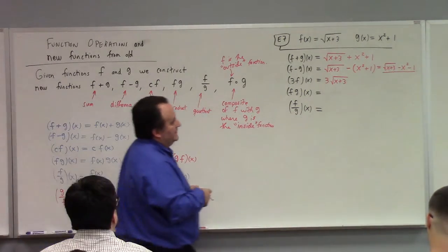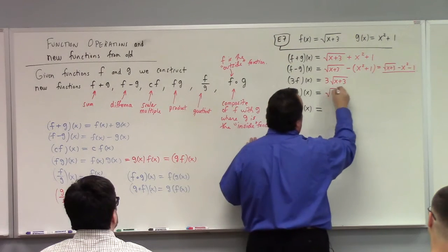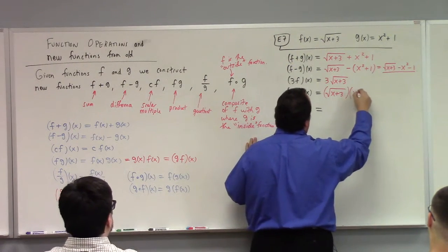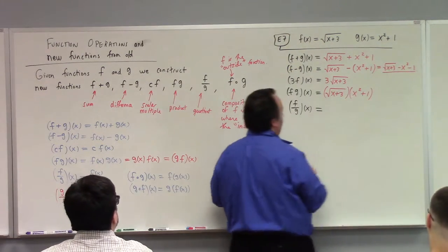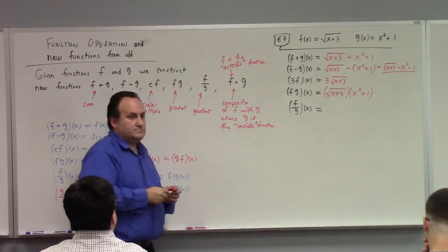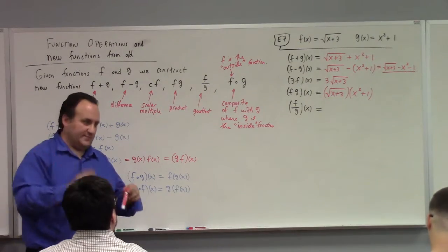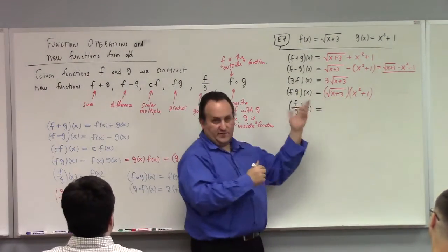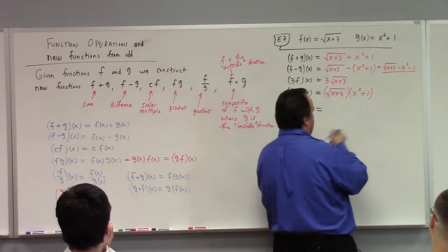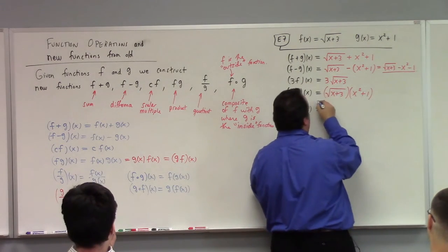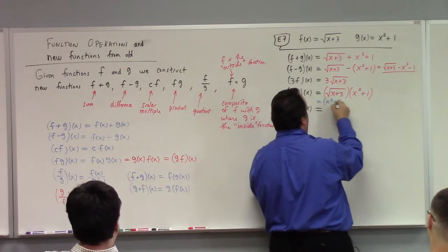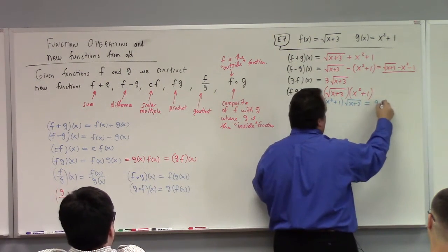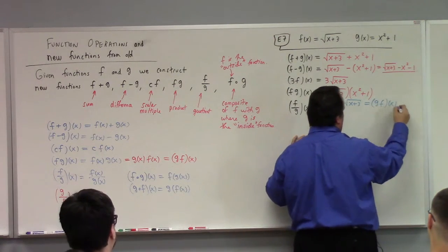fg, so there we just do the square root of x plus 3 times x squared plus 1. And let me just emphasize one more time that you can commute those by algebra, right? This is equal to x squared plus 1 times the square root of x plus 3, right? Which is equal to gf of x.